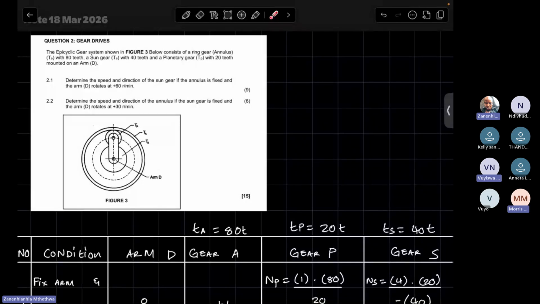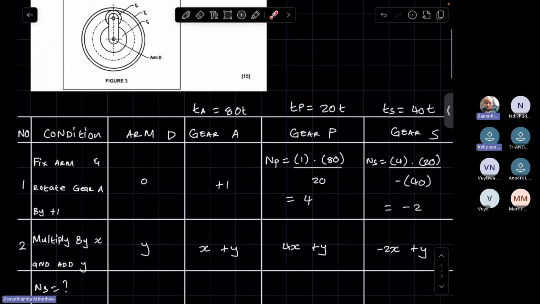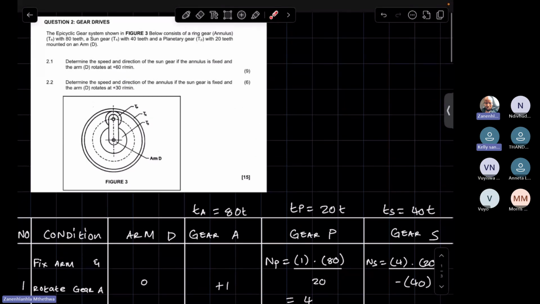The question is if you can do an example where you're not given the teeth, where you need to look for the direction first before you can solve the problem. Forget about those ones. You will never get that in the exam.